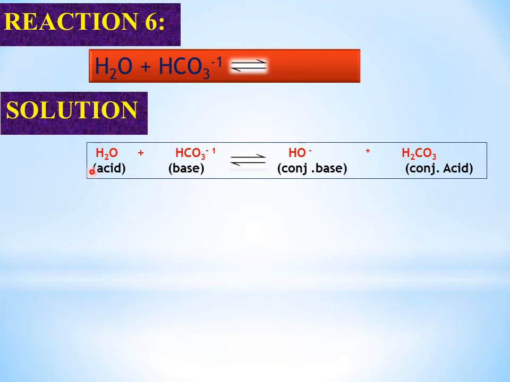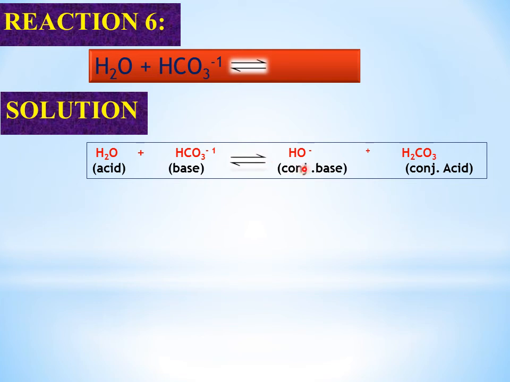So now in this water molecule there is one proton and one hydroxyl ion, and when this bicarbonate ion gets this proton from the water, it will form carbonic acid, and this will act as the conjugate acid of this bicarbonate ion, which is the base.